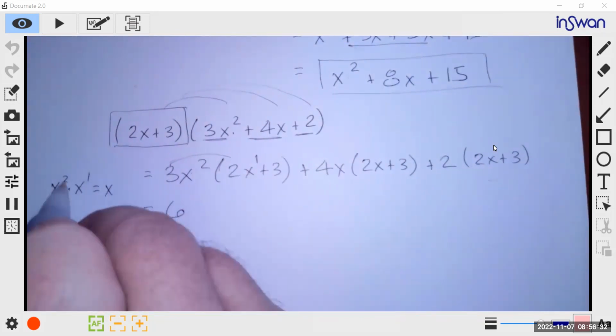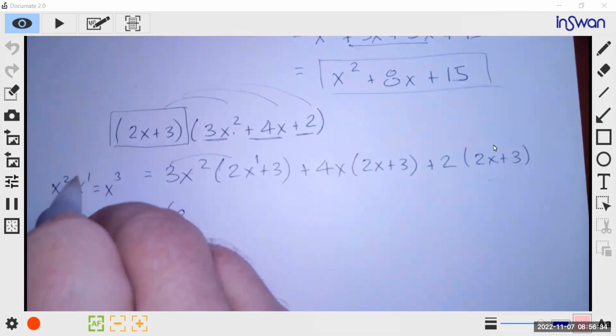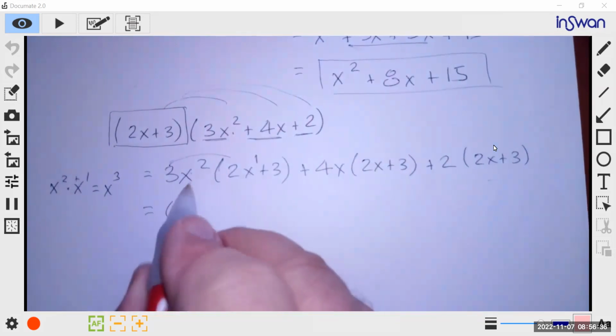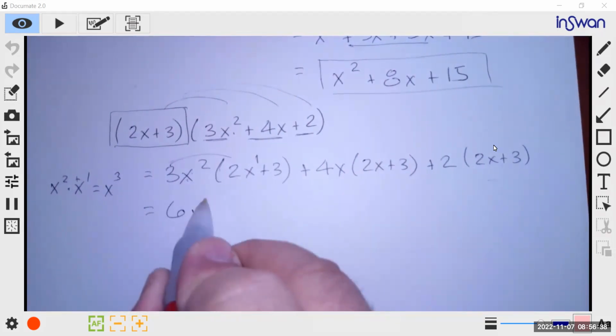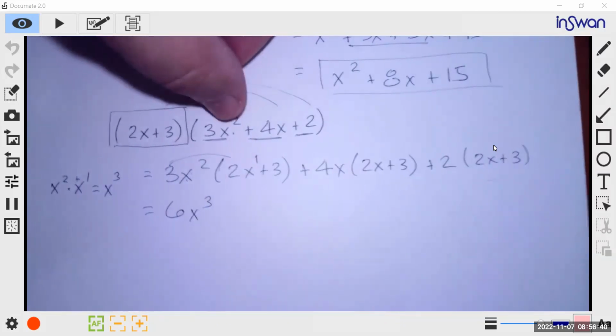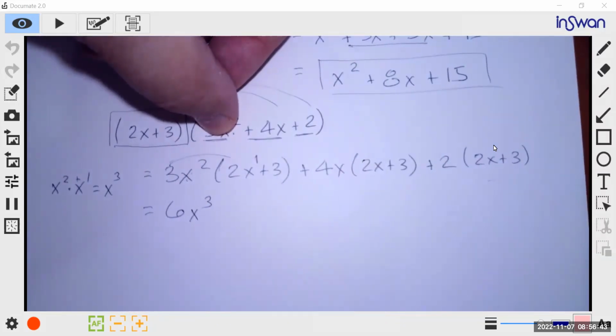You add the exponents. 2 plus 1 is 3. So x squared times x is x to the third. When you multiply and divide, you change the coefficients and the exponents. When you add and subtract, you only change the coefficients.